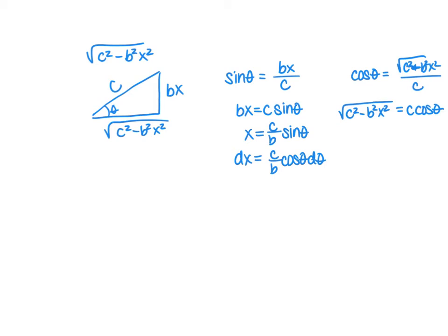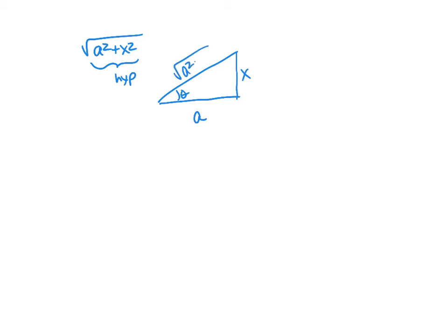All right? So the other possibility is if we have an integral that has a squared plus x squared. Well, now this is the hypotenuse, and a and x are two sides of the triangle. So labeling our triangle now, we have x, we have a, and we have the square root of a squared plus x squared. Again, I want to figure out a way for my triangle to write x and dx.